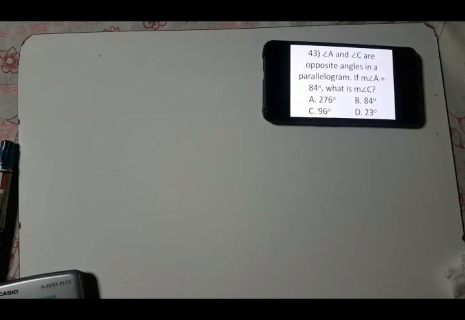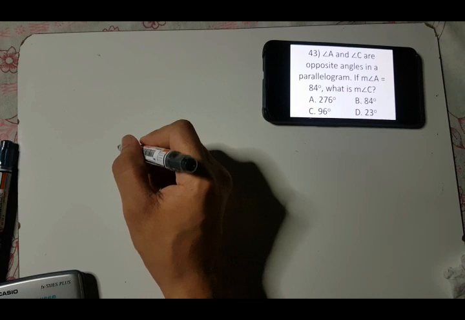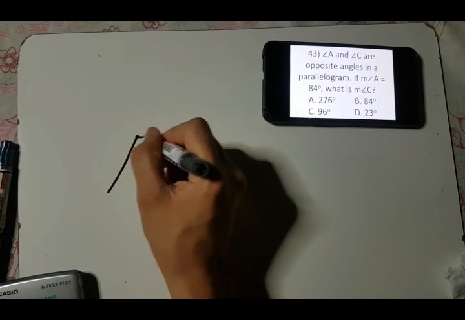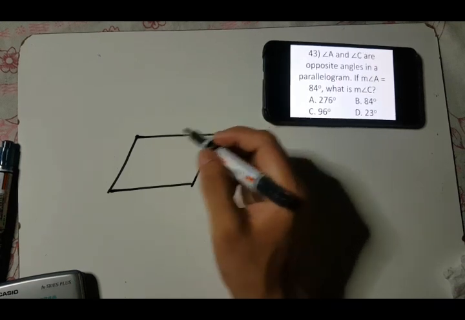Next question. Angle A and angle C are opposite angles in a parallelogram. If measure angle A is equal to 84 degrees, what is measure of angle C? So, tandaan nyo lang, ito yung figure natin kay parallelogram.